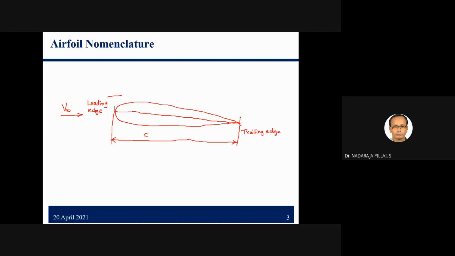So usually we say chord C. Now, if we want to talk about the thickness of the airfoil, we say this is the thickness.